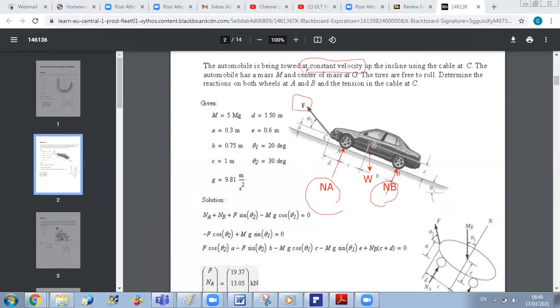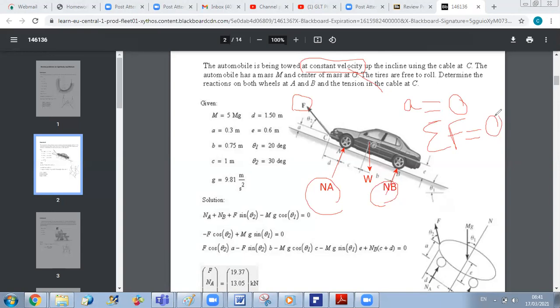Okay? Constant velocity means what? It means a equal to 0. And from Newton's second law, sum of forces equals ma. So if a is 0, I go back to the static relation. If you remember when we introduced the static chapter, we said that we have dynamic equilibrium and static equilibrium.